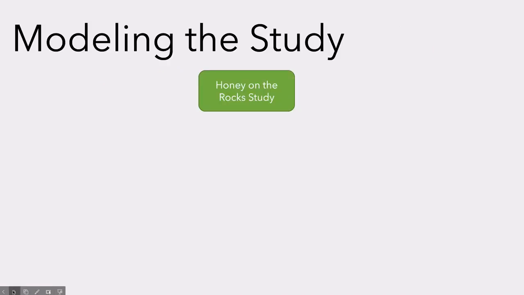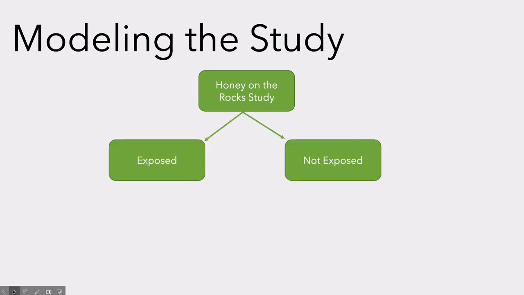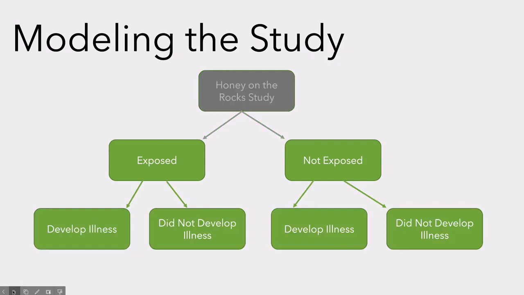So let's model it in a different way if that didn't quite help you. We have the honey on the rock study. Exposed and not exposed. We have 2 different stratified groups. Well, of the exposed, you can either be ill or not ill, along with the not exposed, because we need something relevant to, related to.